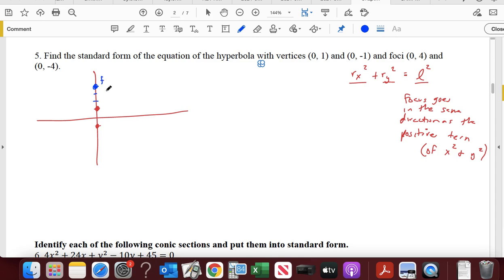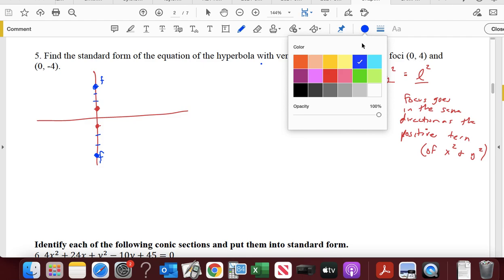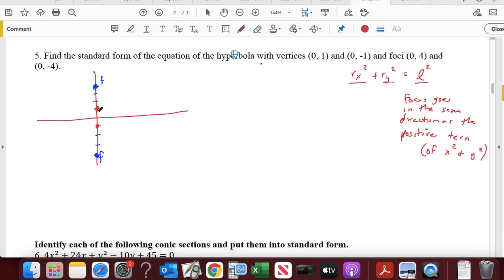So there's my focus, and 1, 2, 3, 4. So there's my other focus. And what I need to do now is use the information that these are the foci and these are my vertices to find where my other point is.